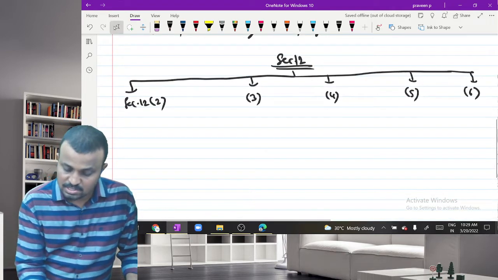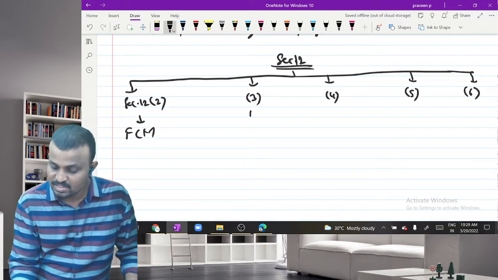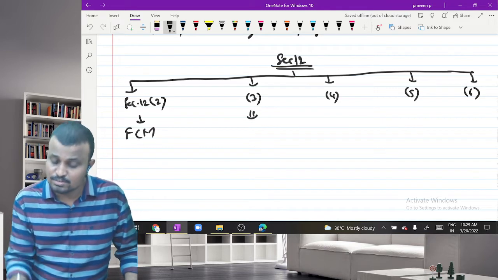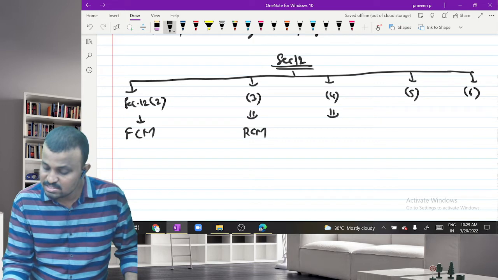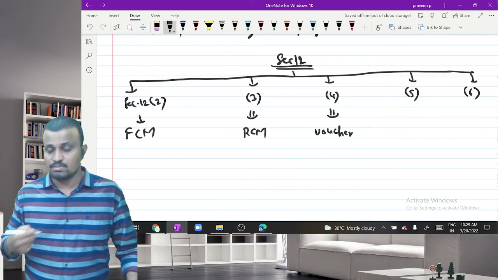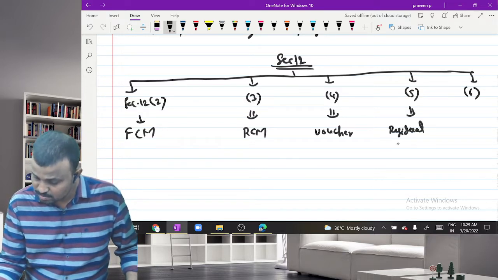Section 12.2 covers the time of supply of goods in case of forward charge mechanism, 12.3 is relating to the time of supply in case of reverse charge mechanism, and this is relating to the time of supply in case of voucher, and this is relating to the residual entry or residual provision.